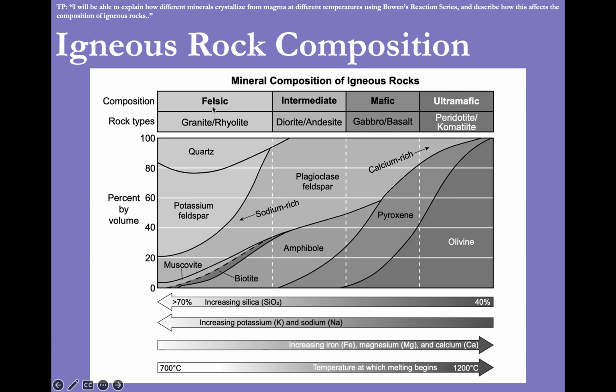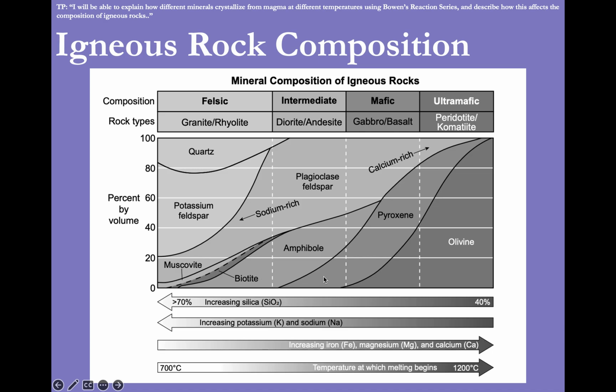And then we have our felsic rocks, granite and rhyolite. We have a lot of quartz. We have potassium feldspar. We have sodium-rich plagioclase feldspar. Again, these are the last ones to crystallize and the lightest ones in color. We have muscovite mica, and we do have some biotite mica in there, and some amphibole as well.